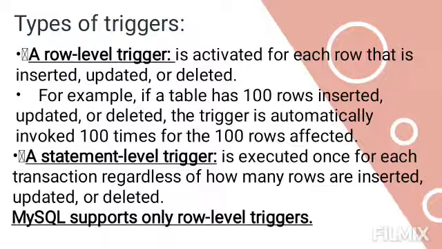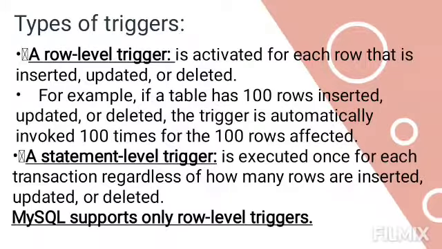There are mainly two types of triggers available in SQL: row level trigger and statement level trigger. A row level trigger is activated for each row that is inserted, updated, or deleted.